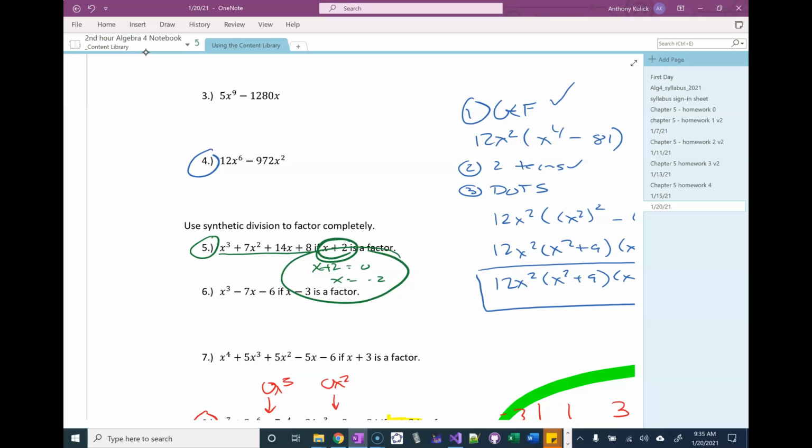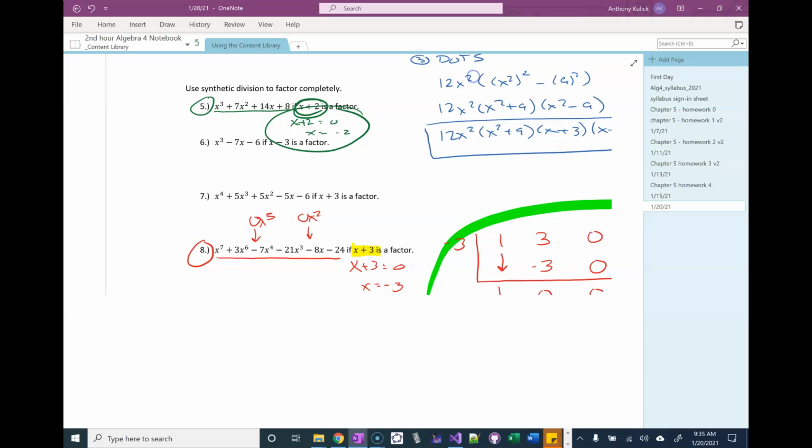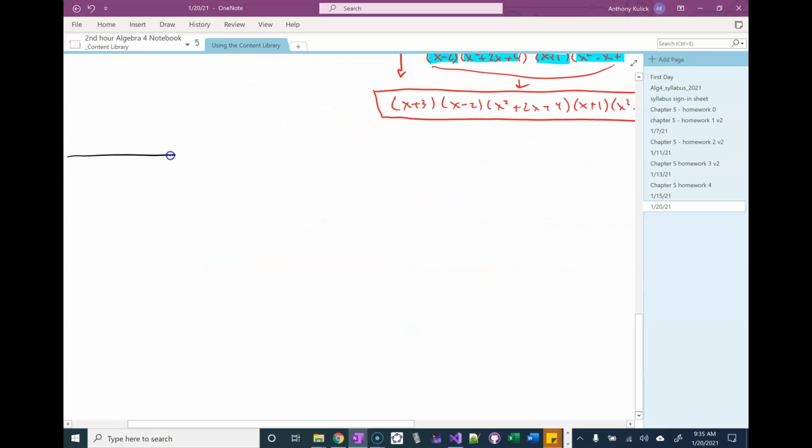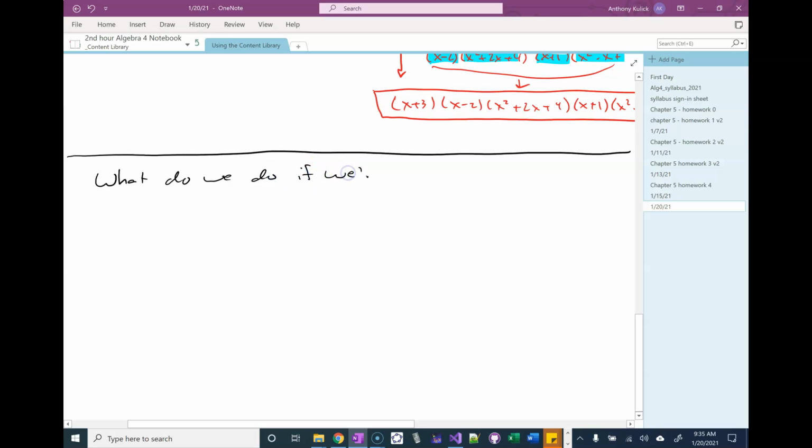All right. So today, we're going to continue kind of talking and try to figure out what do we do if we're not given a factor.